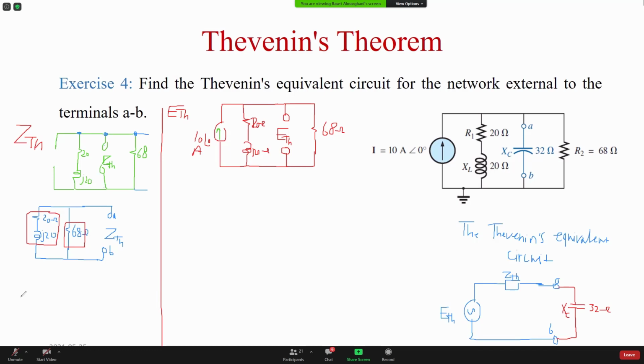So Z total is actually 20 plus J20 in parallel with 68.